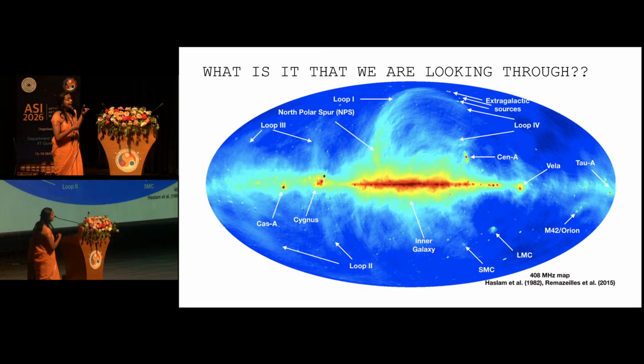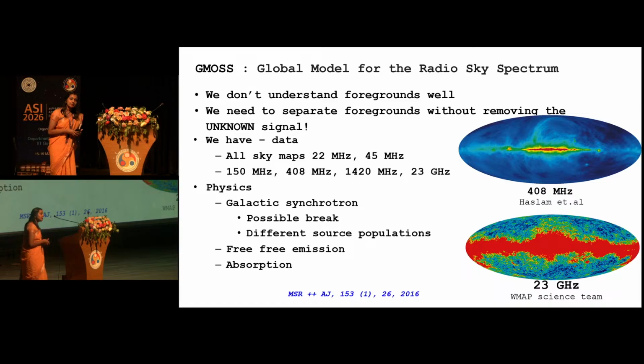medium at large scales. So first we went ahead and we built a model of the radio emission from our galaxy. We call our model GMOSS. And GMOSS essentially uses all-sky surveys that have absolute temperature calibration on them, because that is critical for this kind of an experiment. And at every single pixel, we effectively interpolate between these radio frequencies as a function of direction using real physics we know exists in our galaxy.